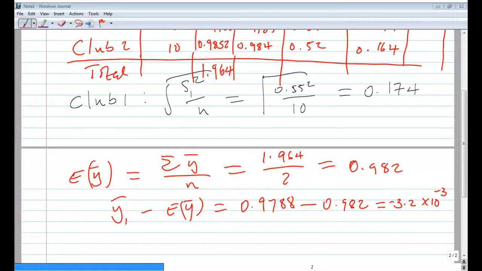Now, let's find the sampling error of club number 2. Again, you have to do the same: y bar 2 minus the mean of a simple mean. The mean for club number 2 is 0.9852, isn't it? Then you subtract the same mean of a simple mean. What is the answer?